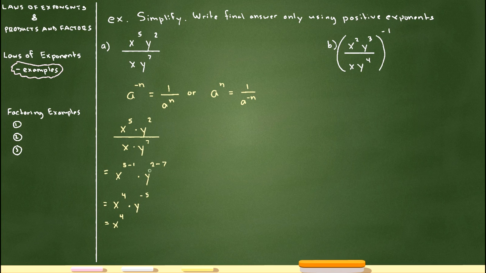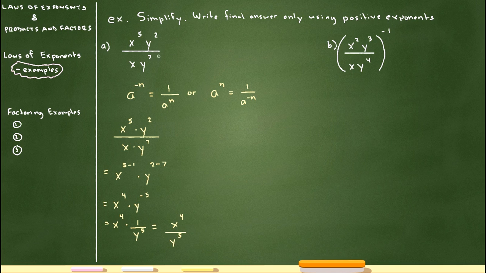But y to the negative fifth, remember, you could write that as 1 divided by y, and then instead of the negative 5, we could change it to a positive because we moved it into the denominator. And this, of course, would be equal to x to the fourth divided by y to the fifth.